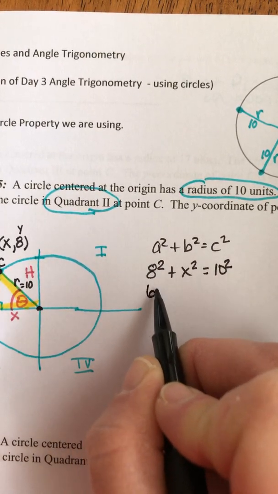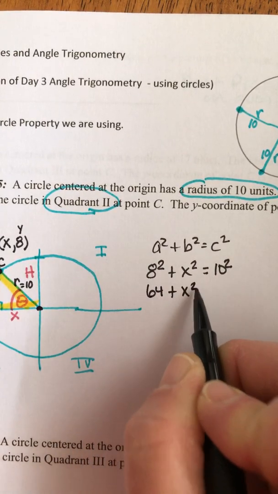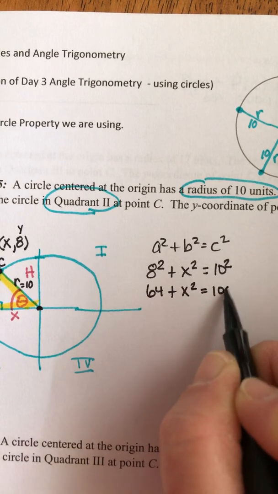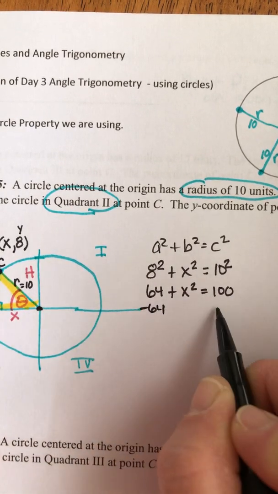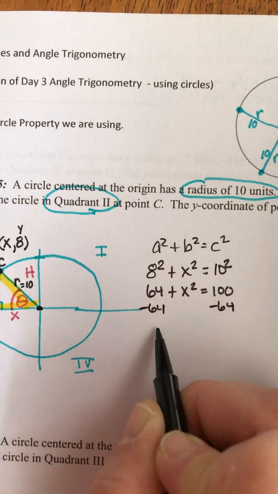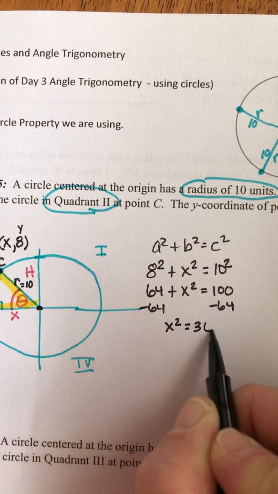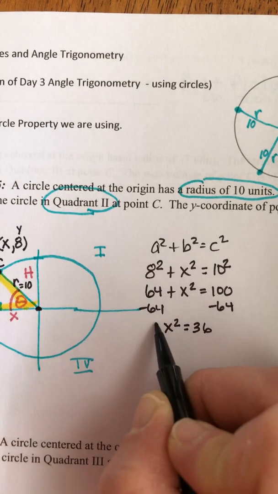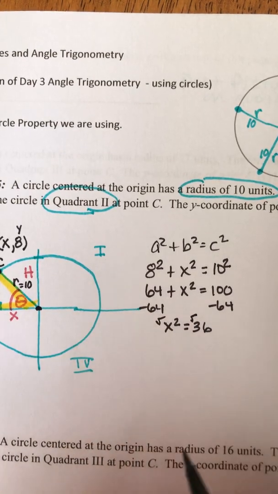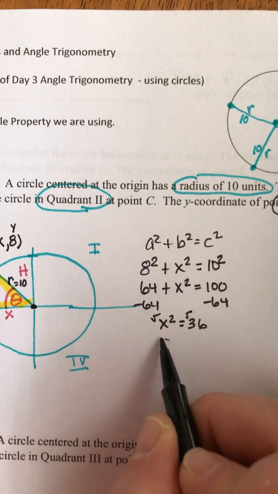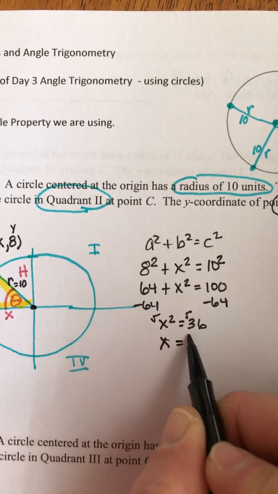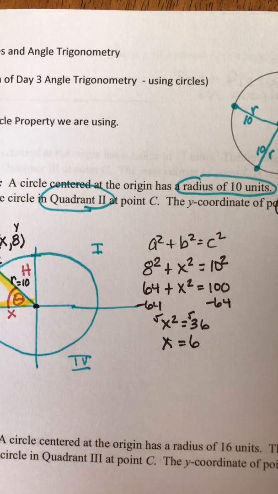8 squared is 64. 10 squared is 100. Minus the 64, and I get x squared equals 36. To undo the x squared, I take the square root. If I take the square root of that side, I take the square root of the other. The square root of 36 is 6.